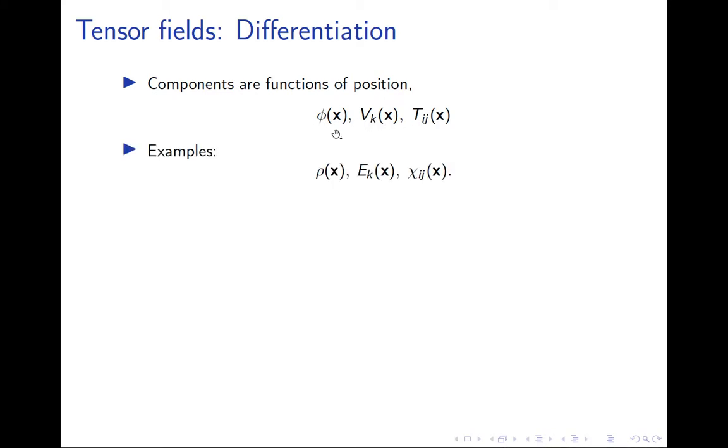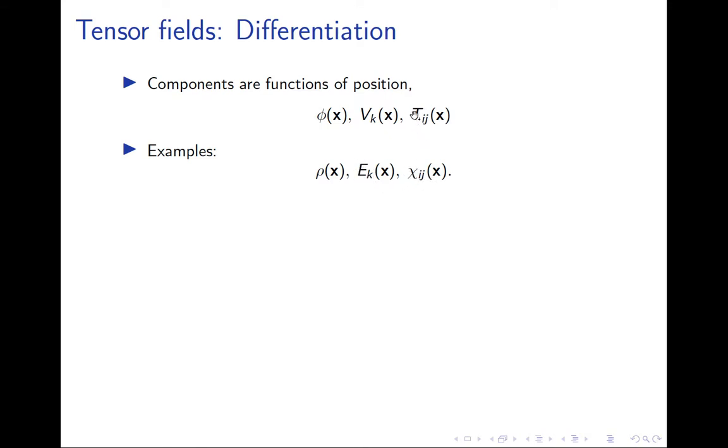So here are some examples. For scalar fields, we can look at the charge density field. If you have some charges distributed in space, at each point in space the local density is given by the charge density function. And then the electric field is an example of a vector field, because at each location in space you have an electric field, a small arrow there.